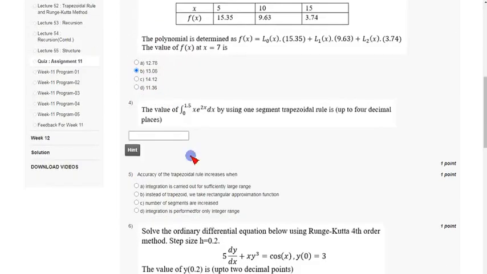And coming to the fourth question, the value of the integral from 0 to 1.5 of x into e power 2x dx by using the one segment trapezoidal rule. What it is? One segment trapezoidal rule, up to 4 decimal places we have to represent. So the answer, I'm going to zoom this for you.